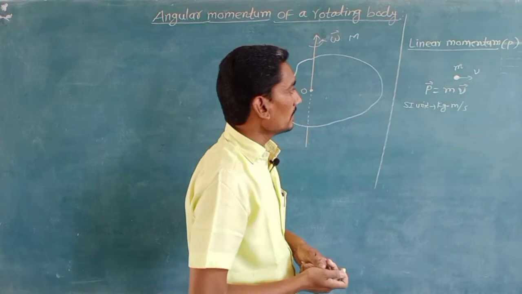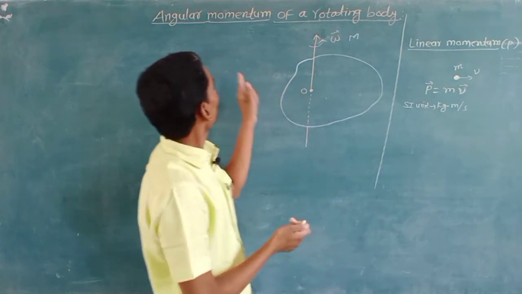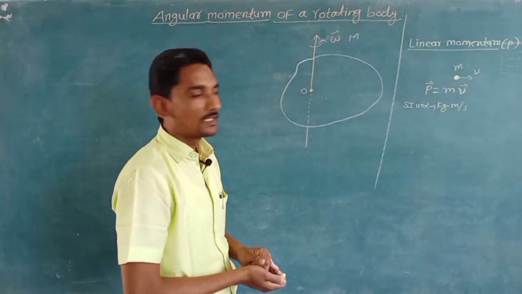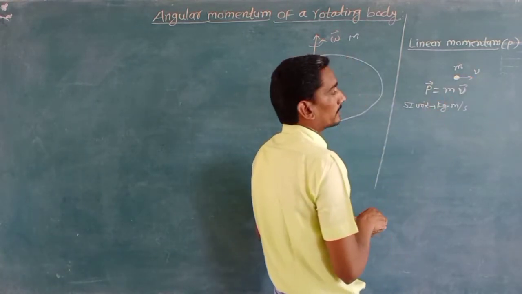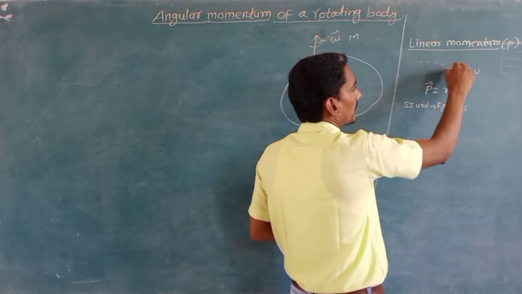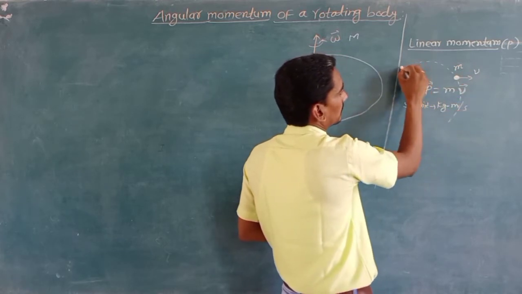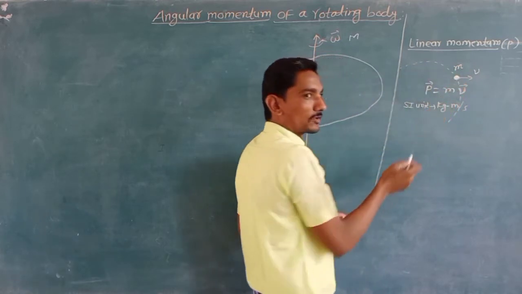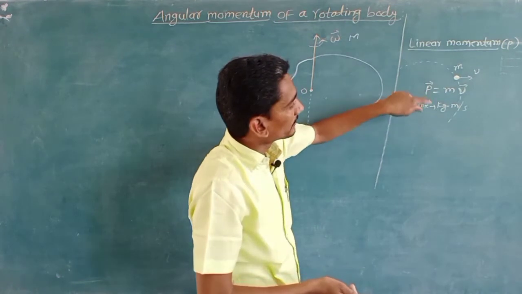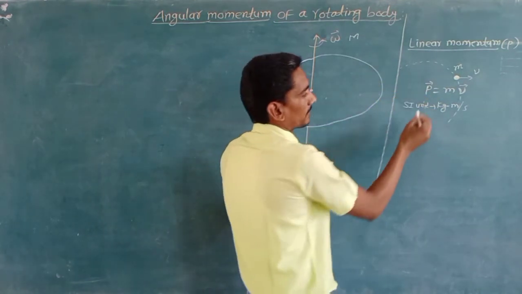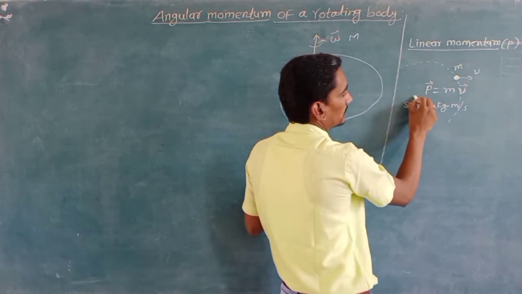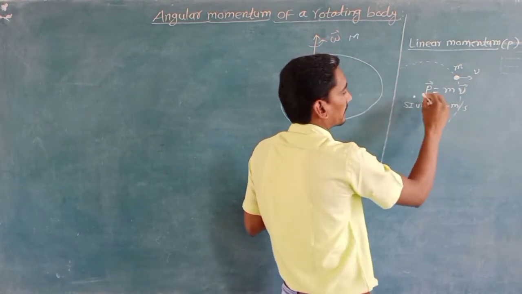Okay. But we have to discuss the angular momentum. Now suppose this particle is moving in a circular path like this, and suppose this is the center of this circular track.